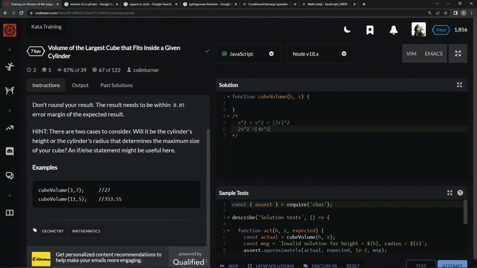So now we can simplify this even more, and we can divide out the 2 and the 4 and say s squared now equals 2r squared. Okay, and then we can get the square root of both sides, and we can say s equals 2 to the 1/2 power, because it's the square root, and then r. So the square root of 2 times r is what the side is, right? So that's it. That's what's going on right here.